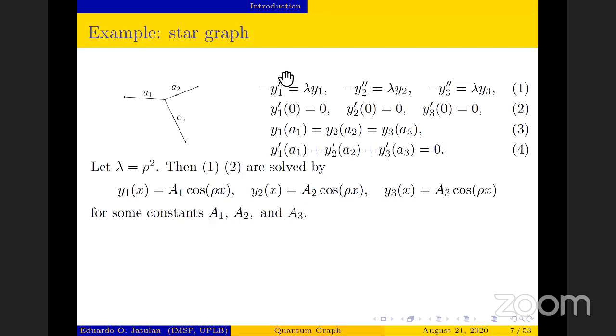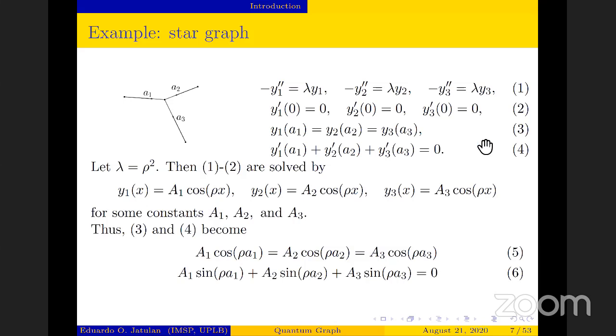Y1 will satisfy the first equation together with the initial condition, and thus we have this function solving these first two equations. Then using conditions 3 and 4, we come up with these equations: A1 cosine of rho A1 is equal to A2 cosine rho A2 is equal to A3 cosine rho A3, together with this one.